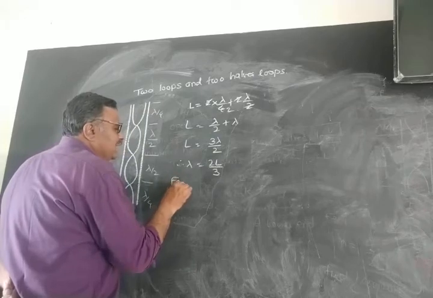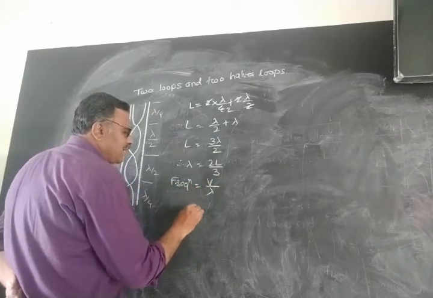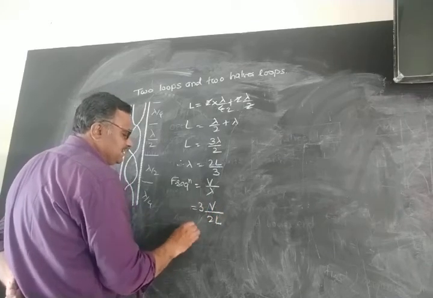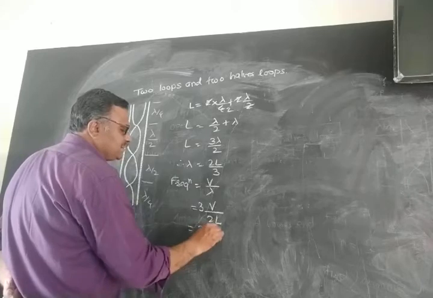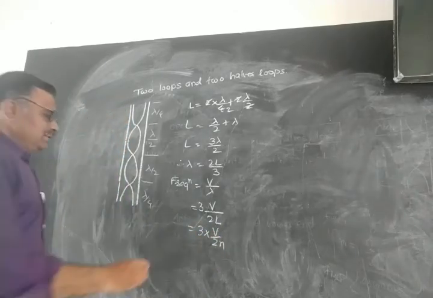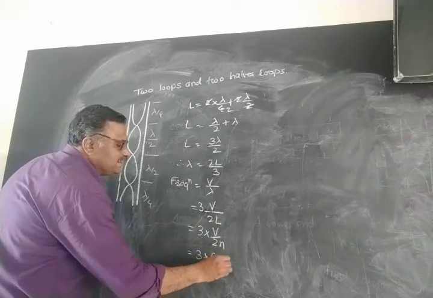Therefore, now we calculate frequency of vibration, V upon lambda. That is V upon twice L upon 3. Therefore, we get 3 times V upon twice L. Therefore, we get 3 times fundamental frequency.